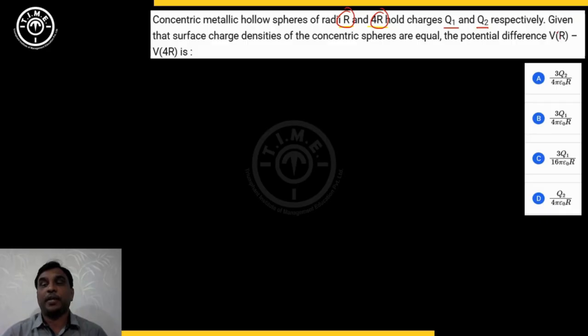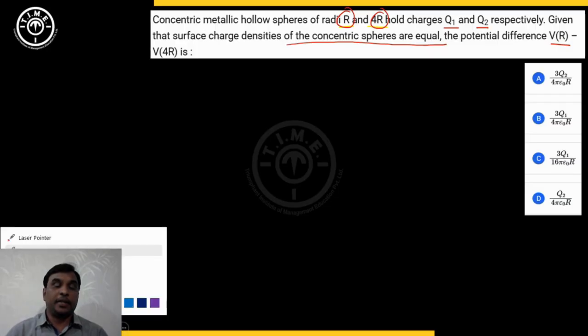Given that the surface charge densities of the concentric spheres are equal, then the potential difference Vr minus V4r. Let me draw the picture first.